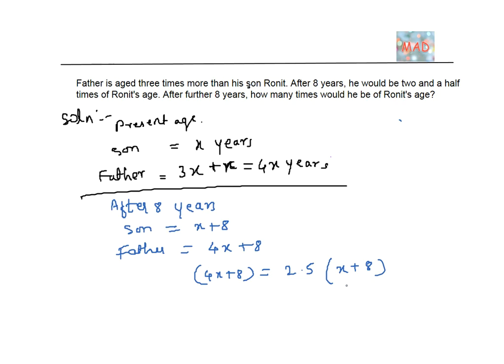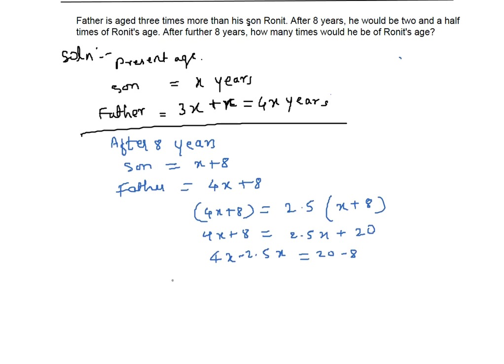We got one equation. Using this equation we can solve for x. 4x plus 8 is equal to 2.5 times x, and 2.5 times 8 will be 20. So we'll solve for x here. 4x minus 2.5x is equal to 20 minus 8.